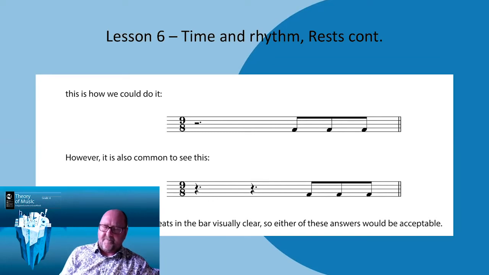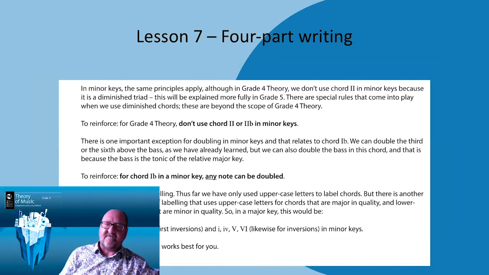A lot of students seem to be confused sometimes about the chords they should be using at grade 4, and I'll often see examples where they've used chord 2 in minor keys, or they've used chord 7 or 7B at grade 4 level, and none of these chords are actually in the syllabus for grade 4. And I think, look, it's okay for students to use these chords if they're using them correctly, but if they're not using them correctly, then we're definitely going to mark them down. So I just reinforce the chords that students should be using at this level.